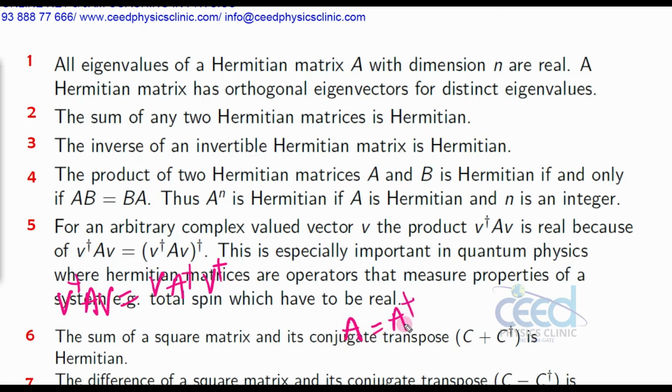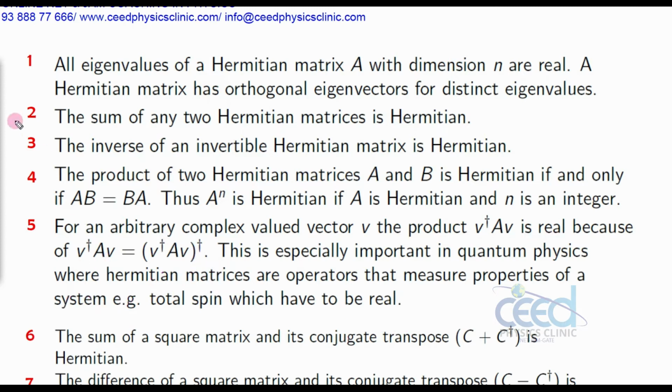When A becomes A dagger, the conjugate should be equal. When should the conjugate of a number be equal to itself? That is for a real number. So V dagger AV represents a real valued thing. Then only its conjugate will represent the same value. So that's the theory.